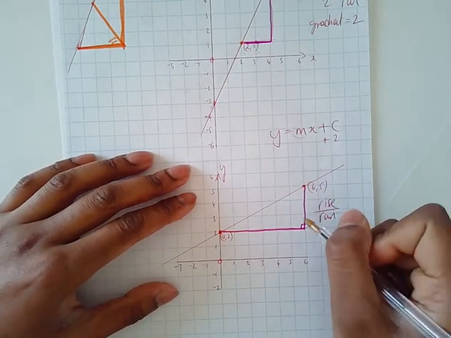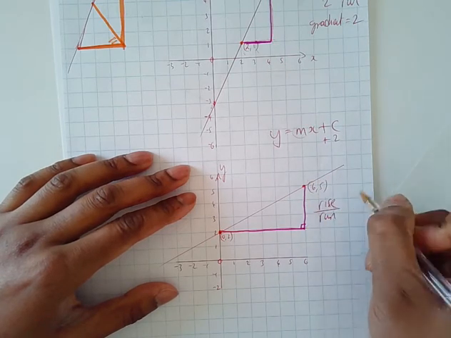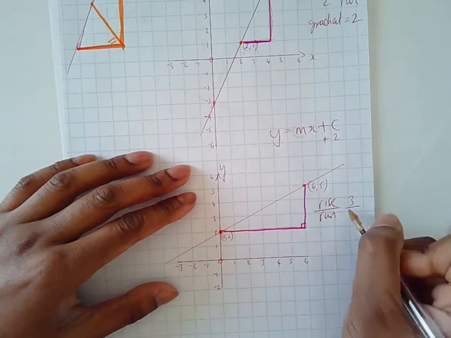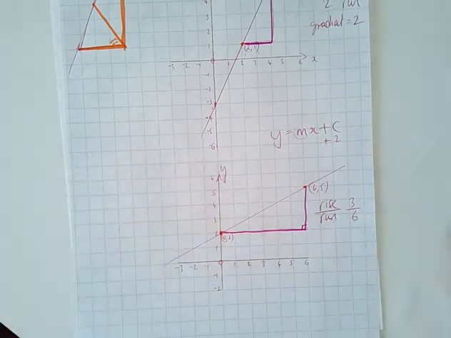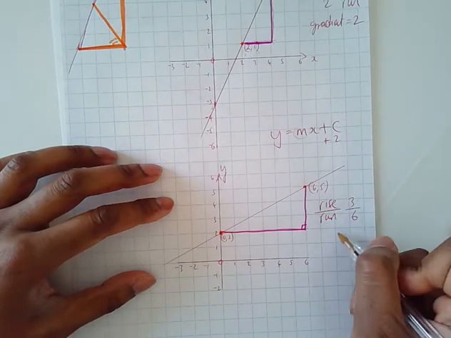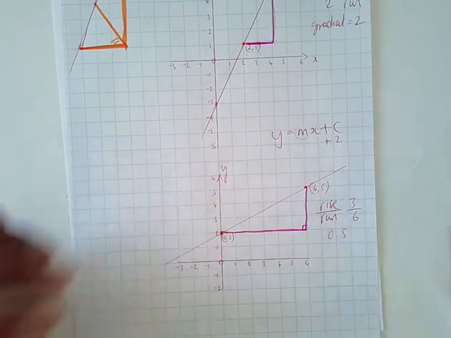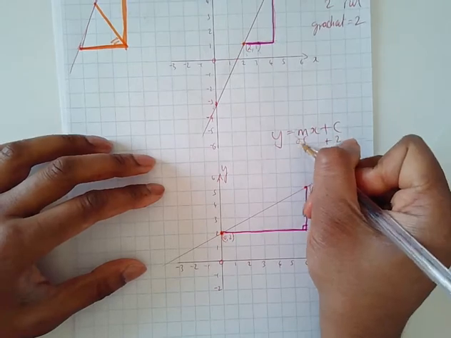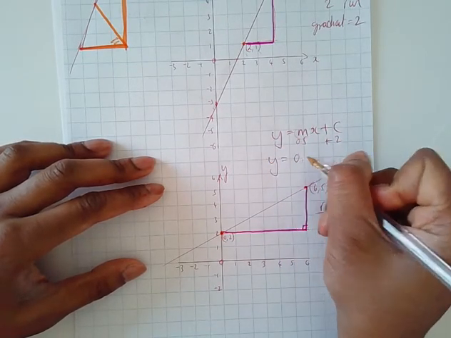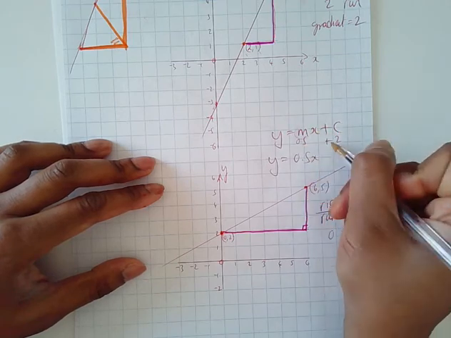The rise, the height, is 3, and the run is 1, 2, 3, 4, 5, 6. 3 divided by 6 is not 2. 3 divided by 6 is 0.5. It's a half. Our equation is y is equal to 0.5x plus 2.